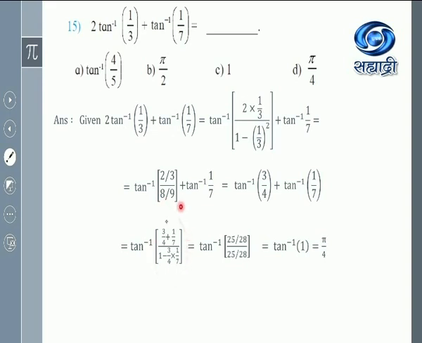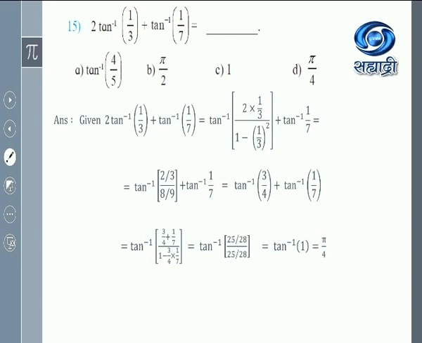So simplify the bracket. LCM is 28. Look at the numerator. 4 into 7 is 28. 3 multiplied by 7 plus 4 giving you 25, divided by, again the LCM is 4 into 7, that is 28. This is 28 minus 3 is 25.